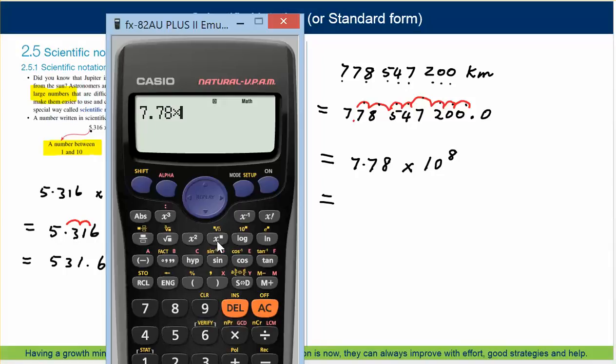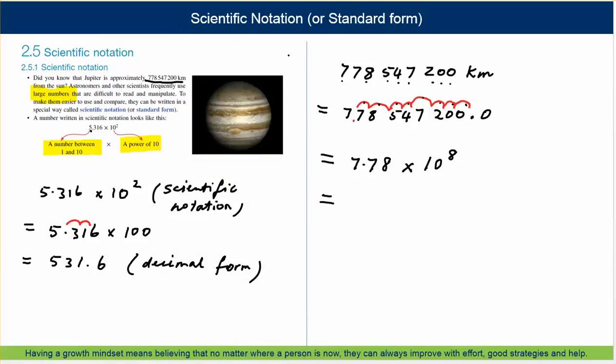You press the power key to enter the power, and I put 8 and press enter. Sorry, I've made a mistake, haven't I? I've dropped some numbers there. The other digits I left out.